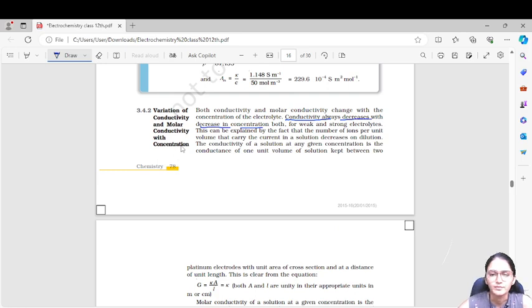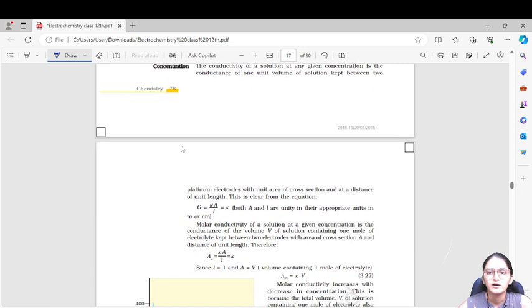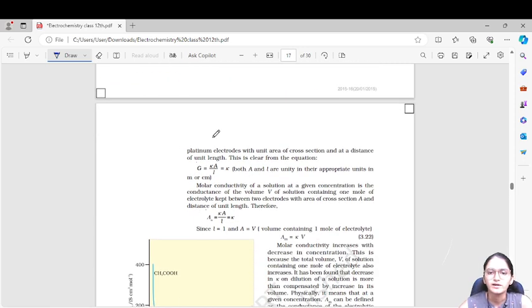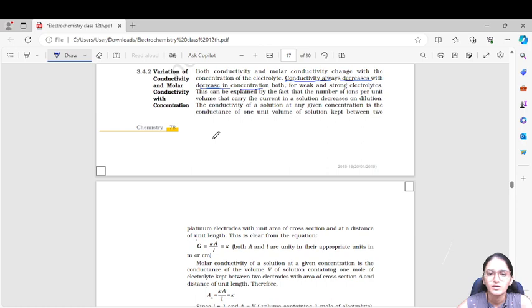Now why this happens, that we will see. Here, this is conductance, which is equal to K A by L, right? If A and L are unity, meaning their value is 1, then conductivity is equal to conductance, right?